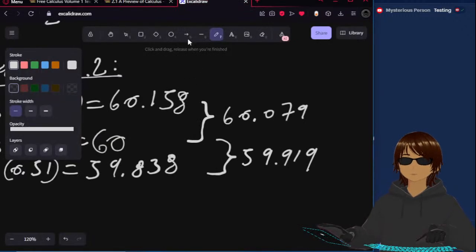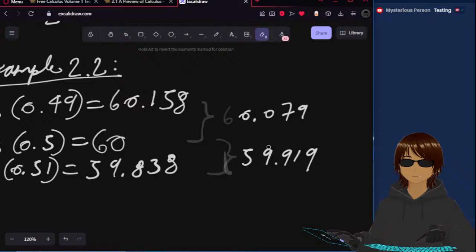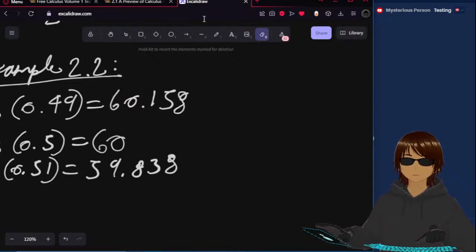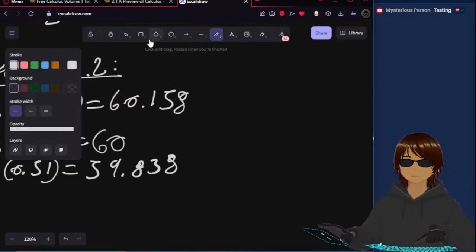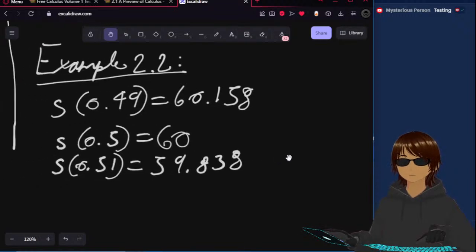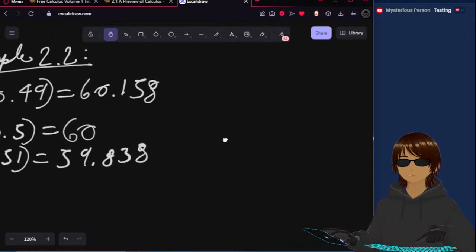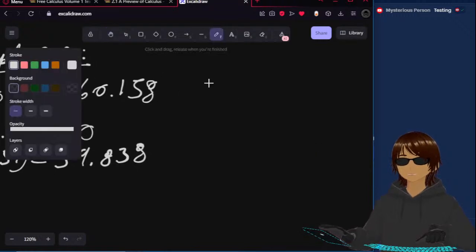No, no, no. This is wrong. I got these two distances. Then I have to divide them by the time interval.